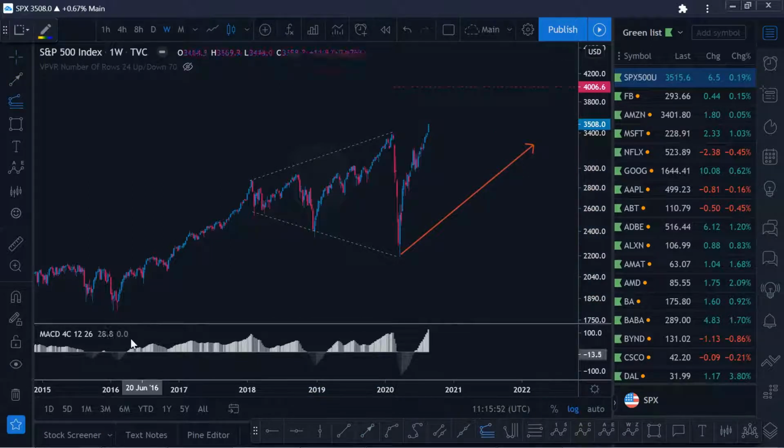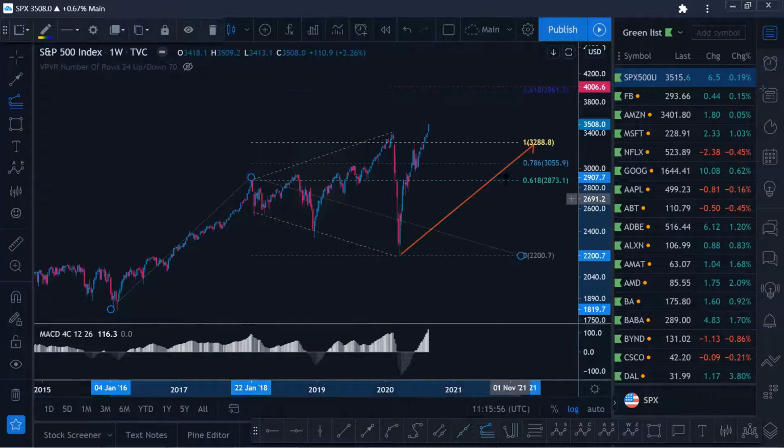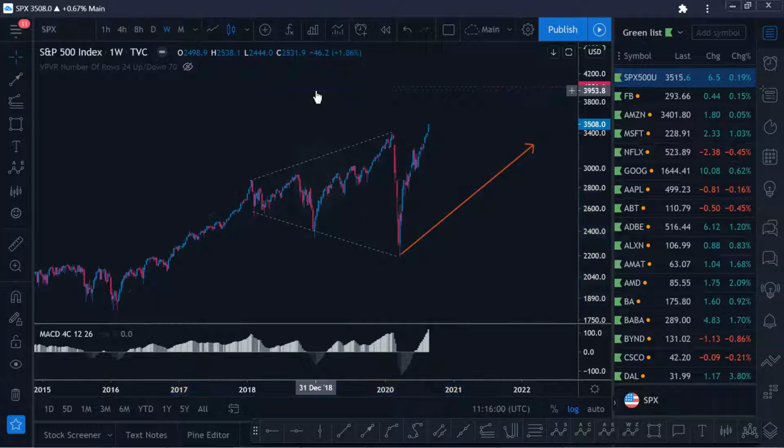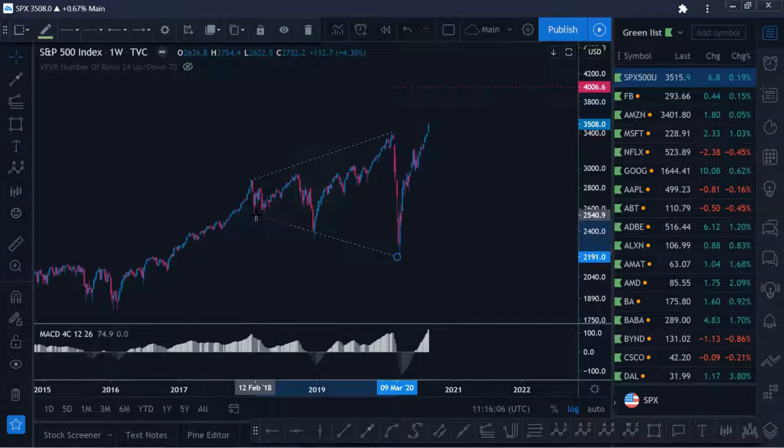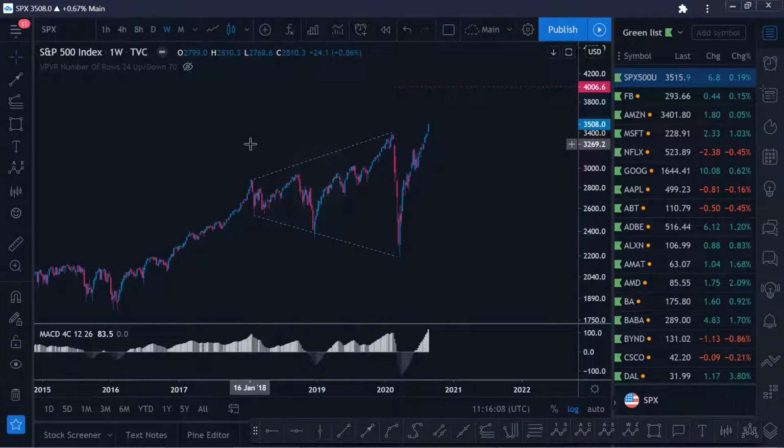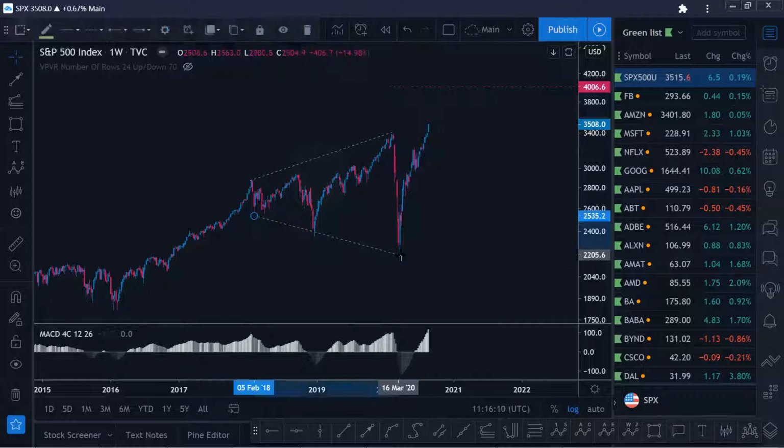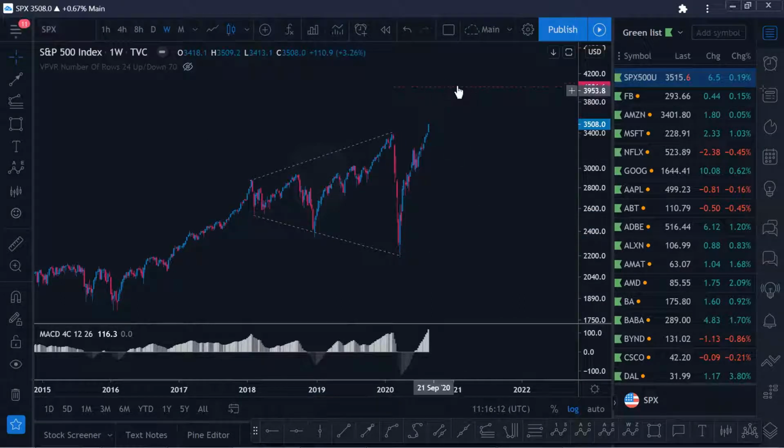And to measure our targets, we are using this impulse, using the Fibonacci extension, and we are finding that 3961 area as our extended target, given the current liquidity being provided by the Fed. It's that extended target that makes it so accessible as a high target, 4,000 being on the S&P.